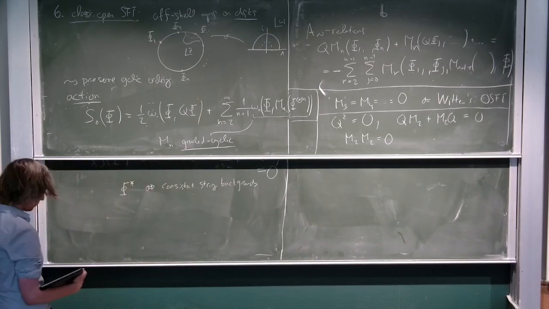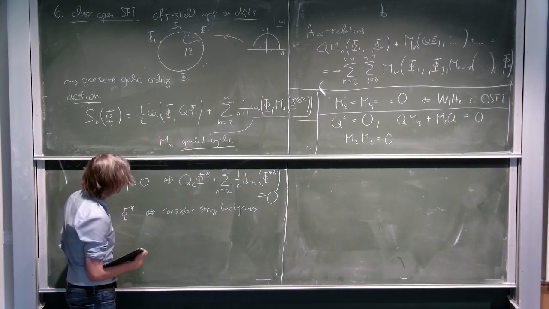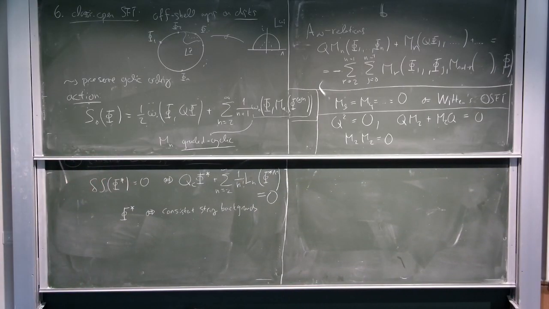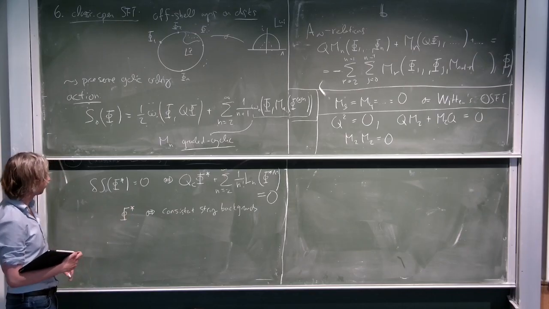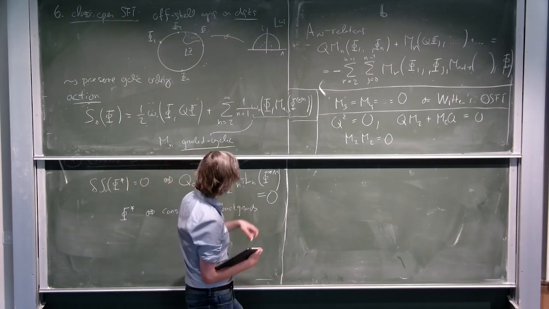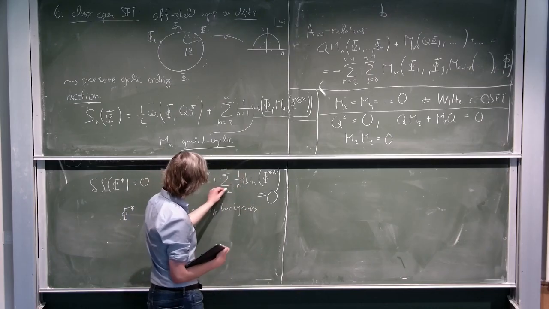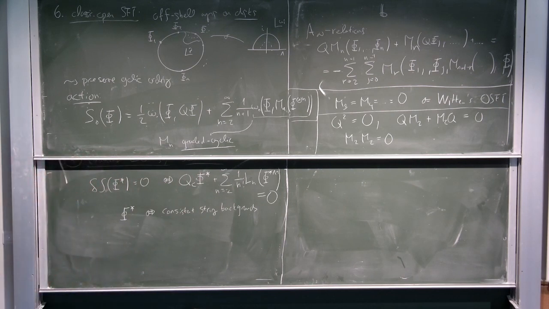So now, of course, just to do yet another sanity check, we have started with a consistent string background, right? So the trivial field configuration phi star equals 0 should be a solution. And since these products are linear and they start with n equal 2, you can see that phi star equals 0 is indeed a solution.